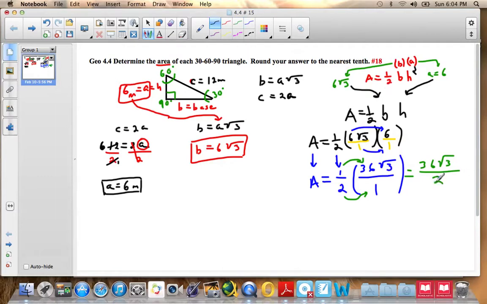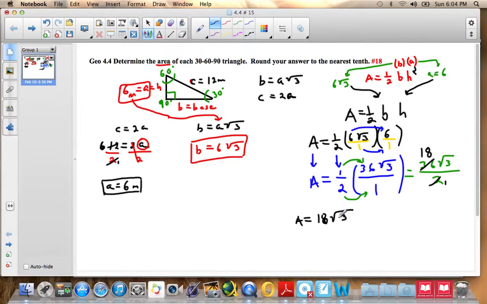And then again, 2 goes into itself once, and 2 goes into 36 18 times. So my area then becomes A equals 18 times the square root of 3.